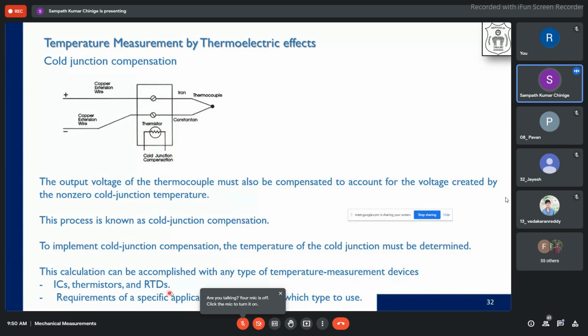These are two different temperature measurement devices. We will use them to actually measure the cold junction temperature, which will help us find the cold junction compensation. After knowing this temperature, from the output we will take out this cold junction value, such that we will get back to the question.